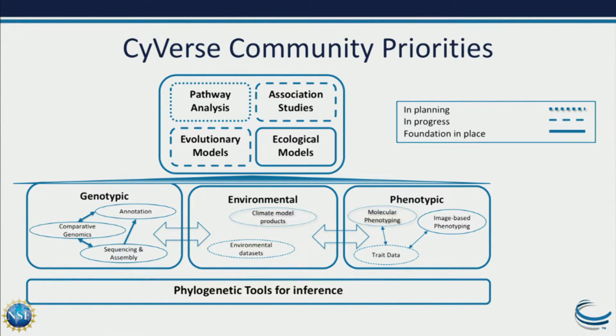So we have tools and platforms from everything from phylogenetics to GWAS. So there are a whole bunch of priorities, and if you check our website, you can actually see where we are with various products, whether things are in planning, in place, in progress. Nothing's ever finished in that it's done, but it's always evolving, always being updated. But again, the community helps us to determine what those priorities are.